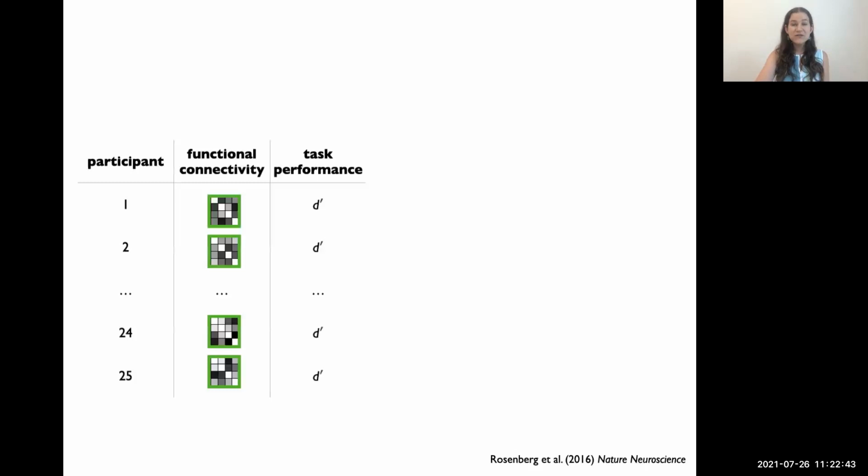And so for each of the 25 participants in our sample, we could compute a measure of whole brain functional connectivity from data observed as they were performing that gradual onset continuous performance task, or gradCPT. And we also had a measure of how they performed on the task. So here we operationalized sustained attention function as sensitivity, or d prime, on the task.